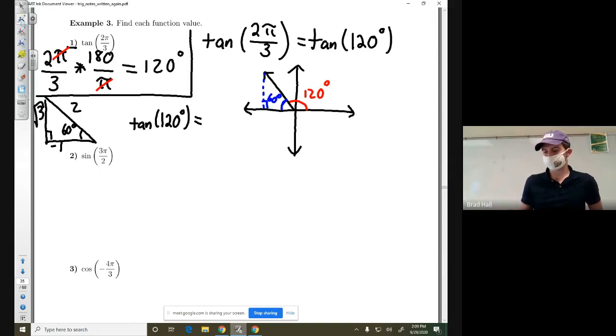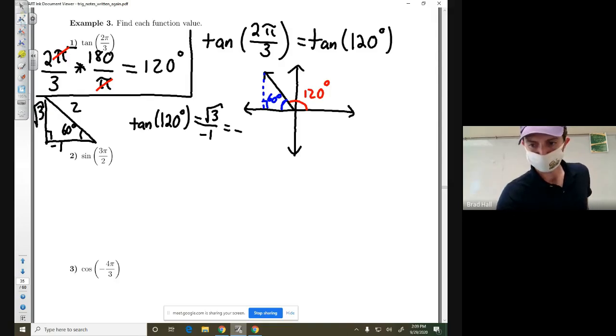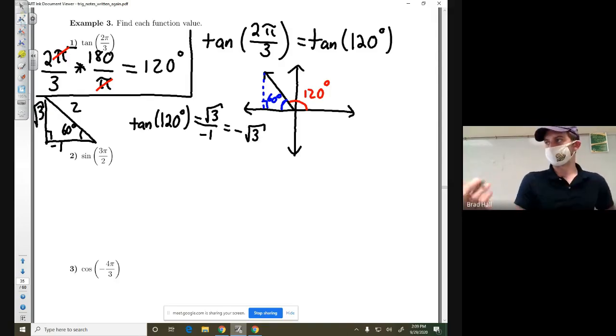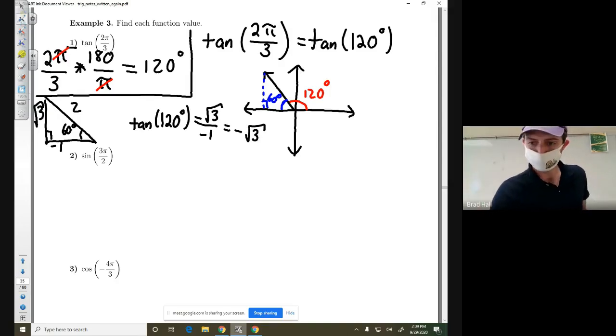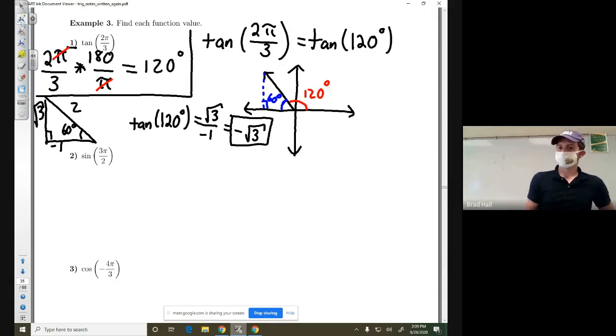It's opposite over adjacent. Opposite seems to be square root of 3. Adjacent seems to be -1. So our final answer, because we can simplify that pretty quickly, this is exactly it. And that would be the answer.